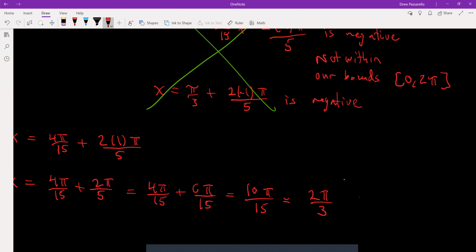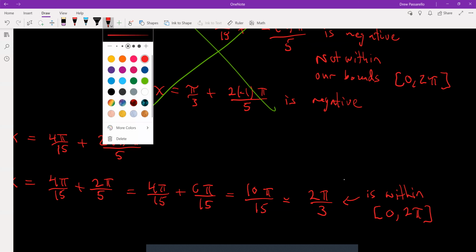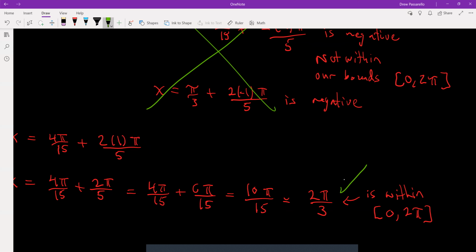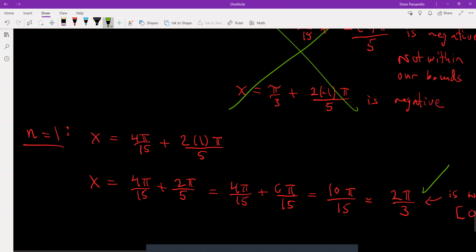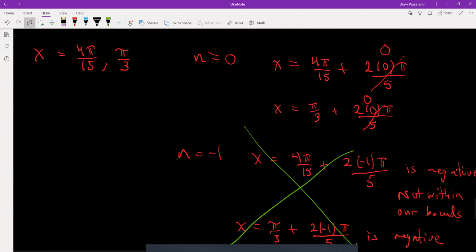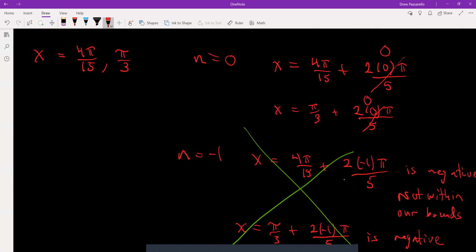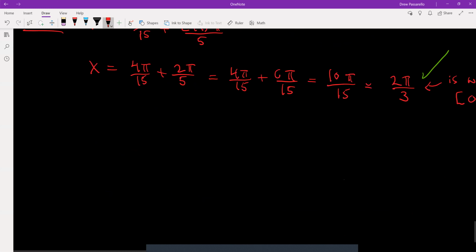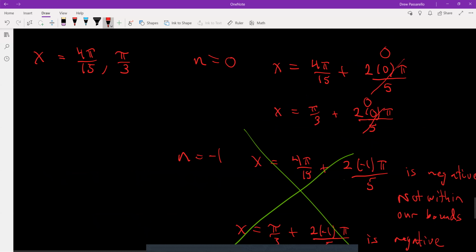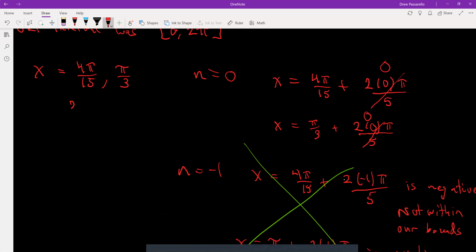So this is within our bounds. All right, so that one works out. That means I have another part of my answer: 2 pi over 3. So along with these two, I have also 2 pi over 3.